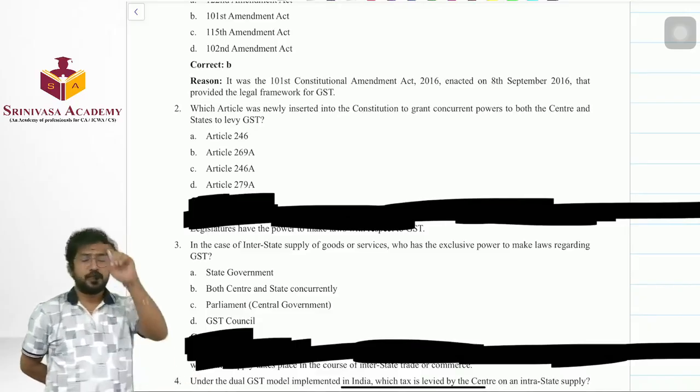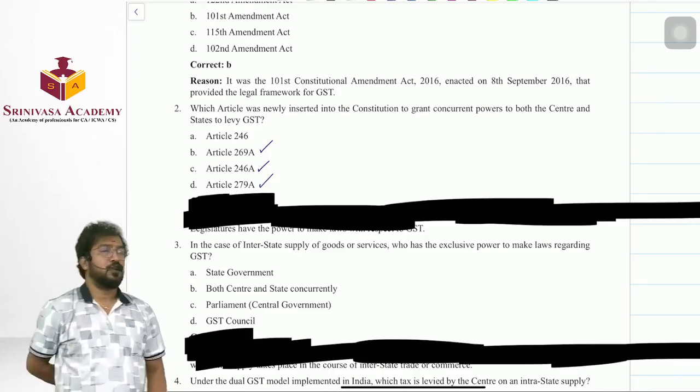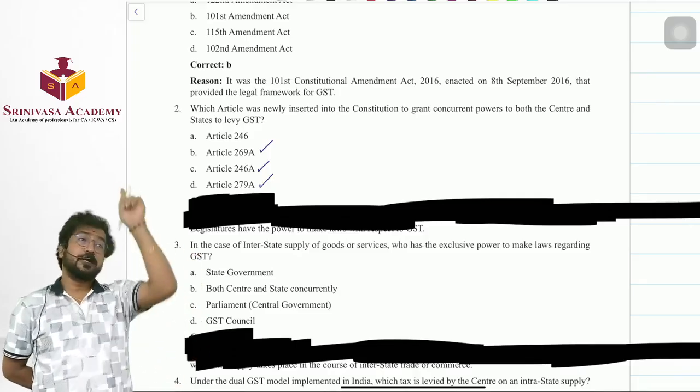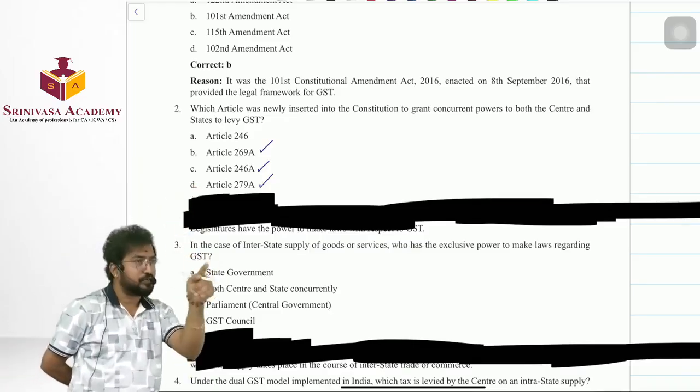Which article was newly inserted in the Constitution to grant concurrent powers? All these are the new articles. 246 with Schedule 7 gives power. In the same way 246A also gives power for GST.